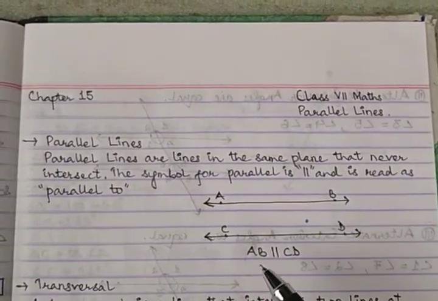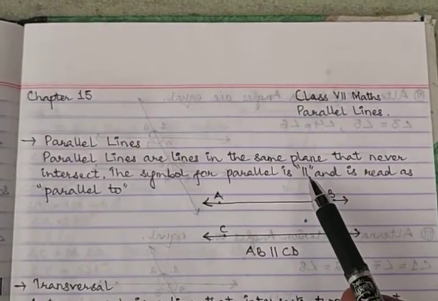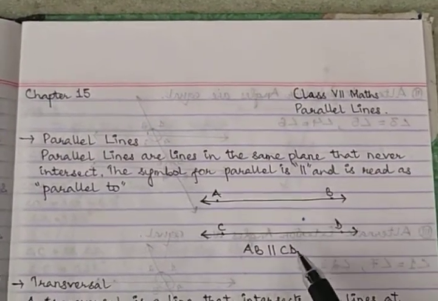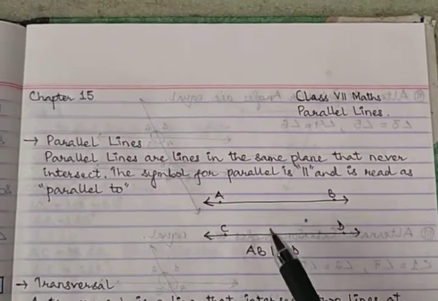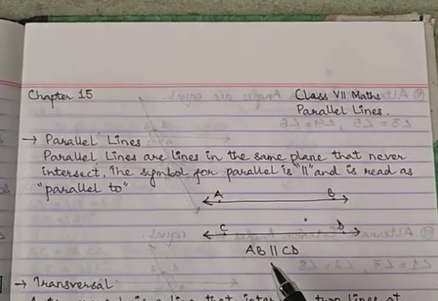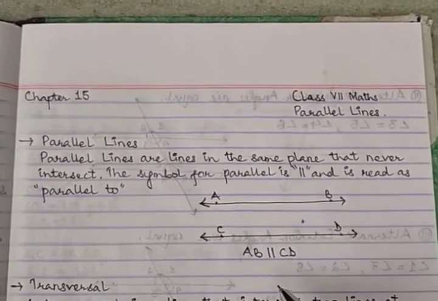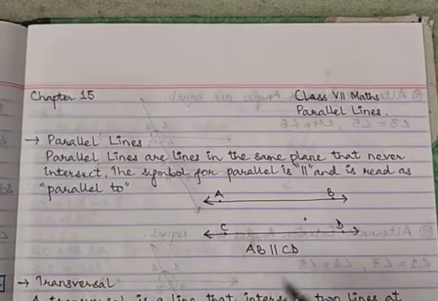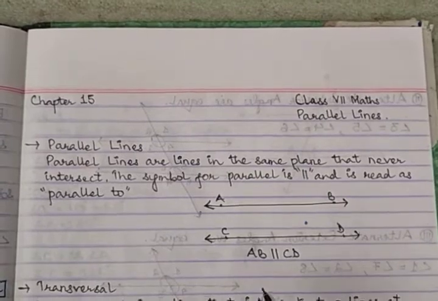It is denoted by the double L symbol, so AB ∥ CD, and it's read as 'parallel to'. So we read these two parallel lines as AB is parallel to CD. I hope you understood the basics about parallel lines.